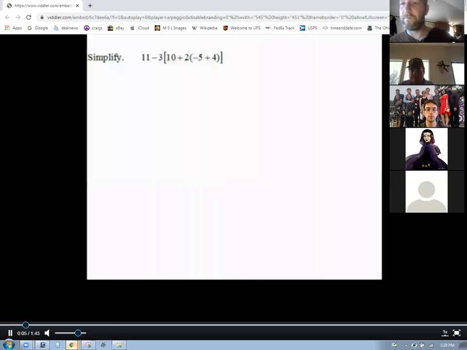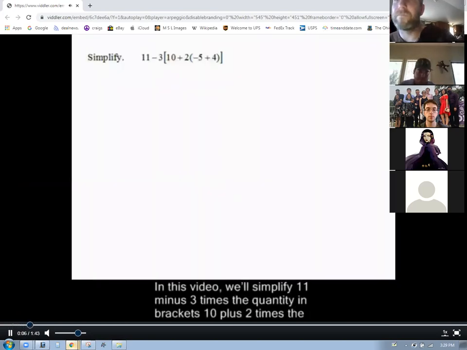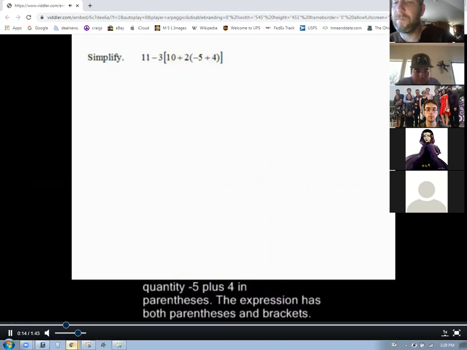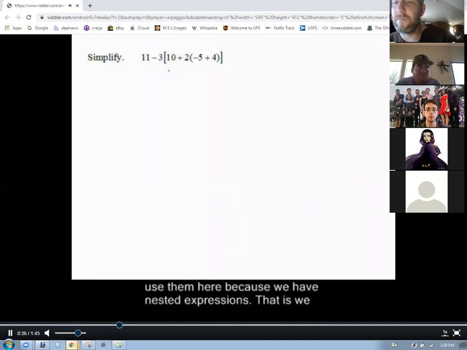In this video, we'll simplify 11 minus 3 times the quantity in brackets, 10 plus 2 times the quantity, negative 5 plus 4 in parentheses. The expression has both parentheses and brackets. Recall that brackets play the same role as parentheses. They're grouping symbols. And we use them here because we have nested expressions.